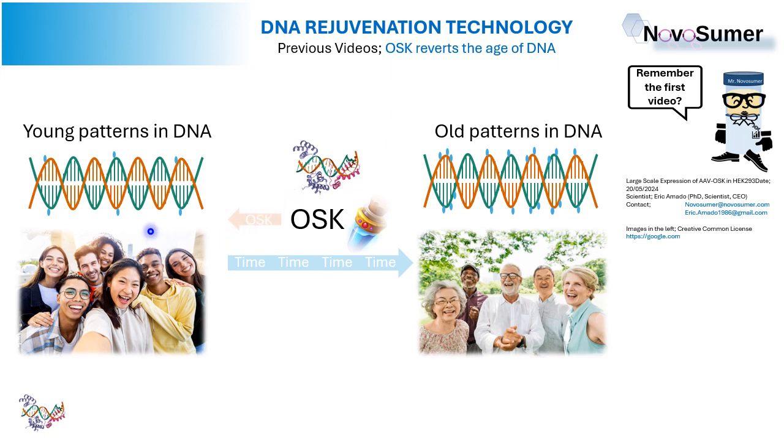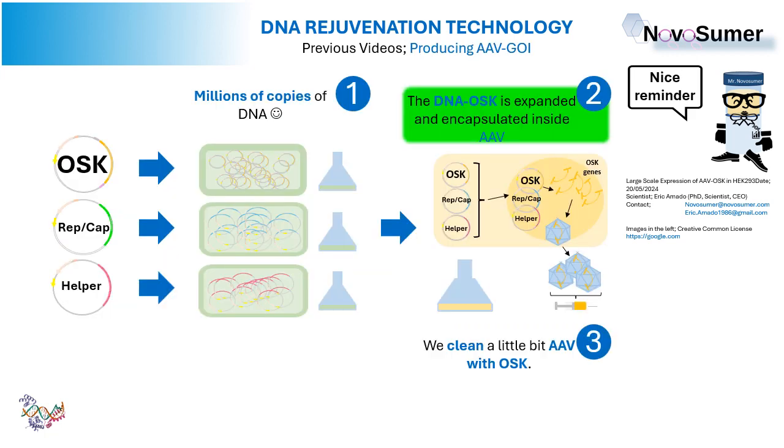Okay, let's remember how to produce OSK. Let's go for the next slide. Before starting with today's session, let's remember the overall process. Let's remember how this technology works, how we produce the EV particles with the DNA inside, with the OSK genes inside.